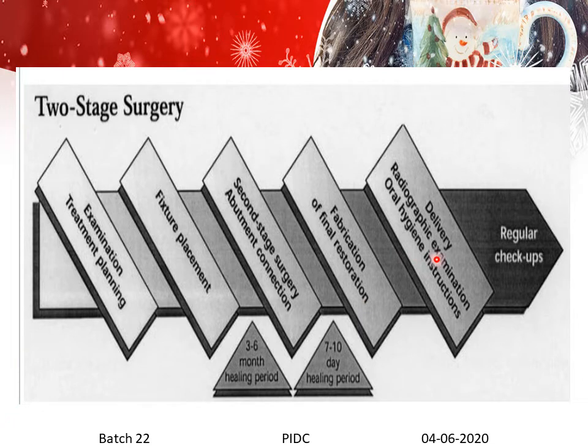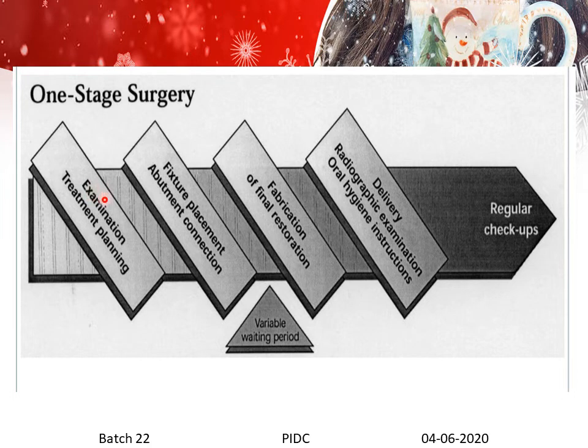Then we deliver it along with a radiographic examination to check whether we have inserted it properly, and proper oral hygiene instructions, followed by regular checkup. So this is your 2-stage procedure, because you do have 2 stages which are separated by a 3 to 6 months healing period.